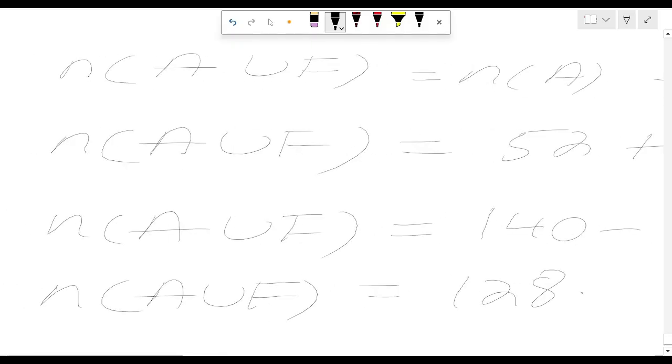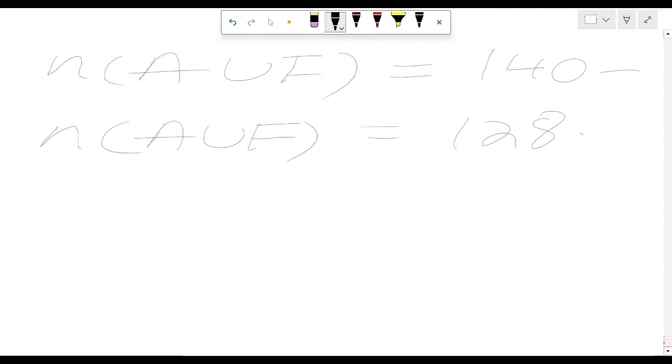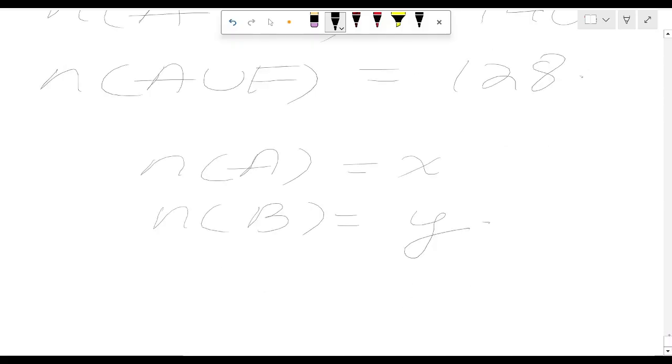Another point to ponder is that many students make this mistake that when they are given the values of suppose A and they are given the values of suppose B, what they do is already subtract their intersection. Like for instance, I have the intersection value given.